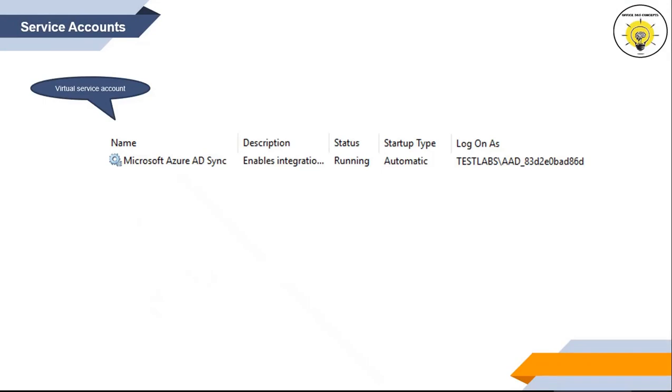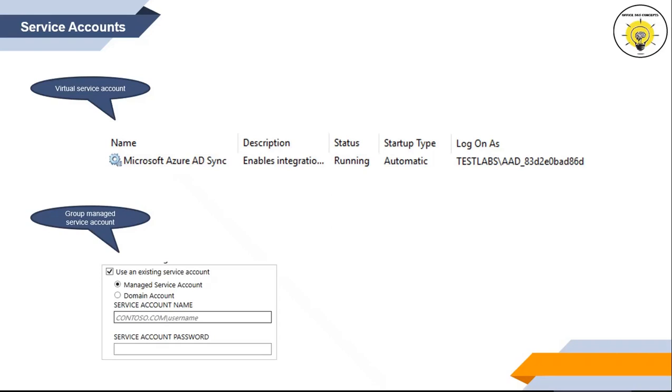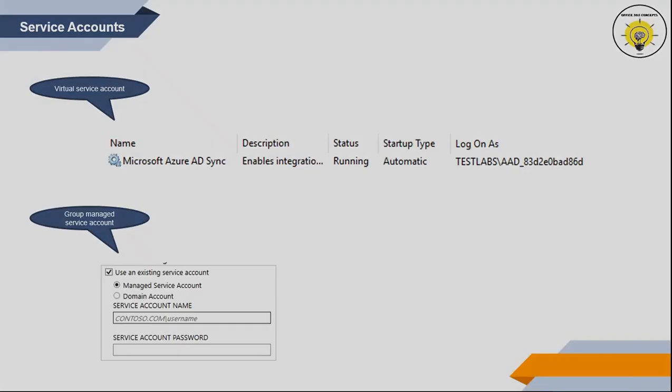If SQL Server is installed on a remote server, then Microsoft recommends to use a group managed service account. This account can be created when we install Azure AD Connect with custom settings. To create this account, we select Use an existing service account, and then we select Managed Service Account option.